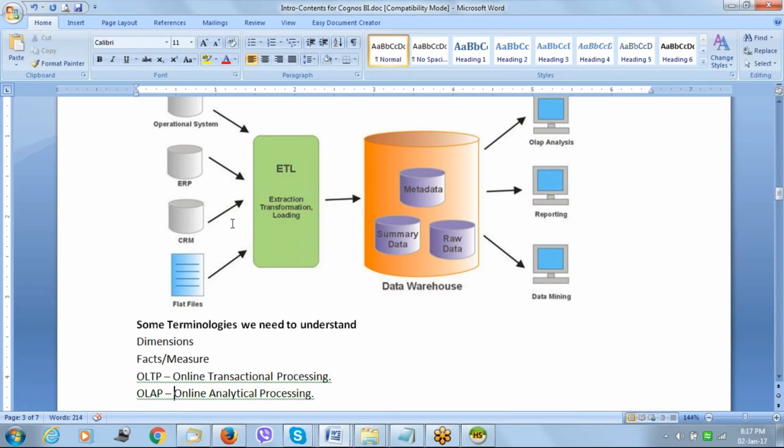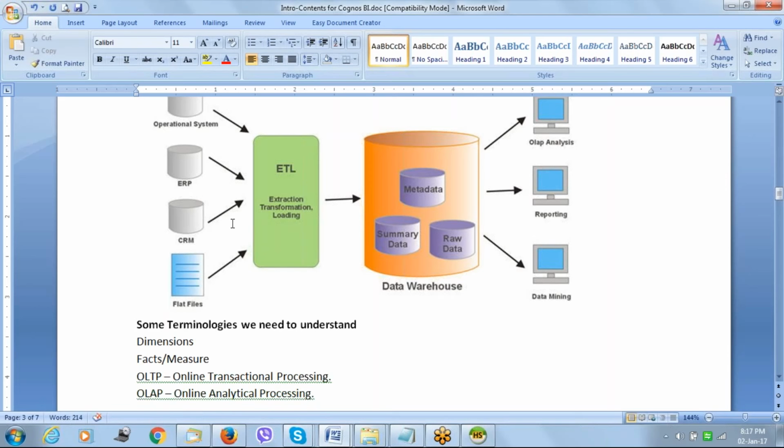Like this, there will be multiple unknown factors which will increase or decrease the sale. We need to analyze those based upon the history of data, old data. OLAP is a data warehouse which has a lot of old data, and based upon that we are able to analyze the data and come to a conclusion.